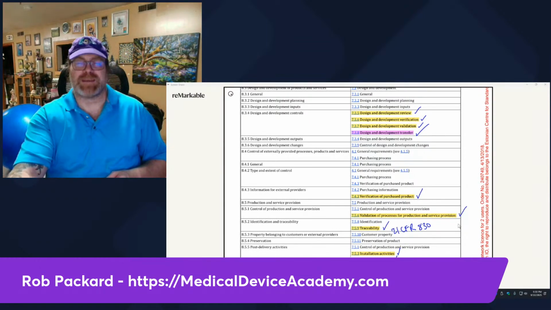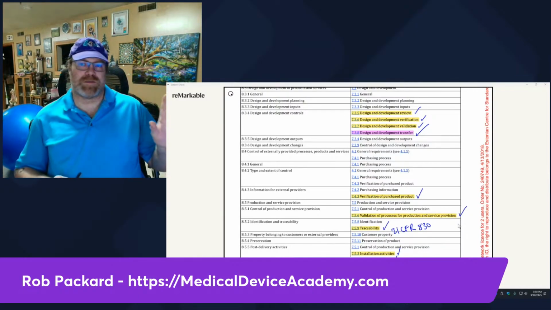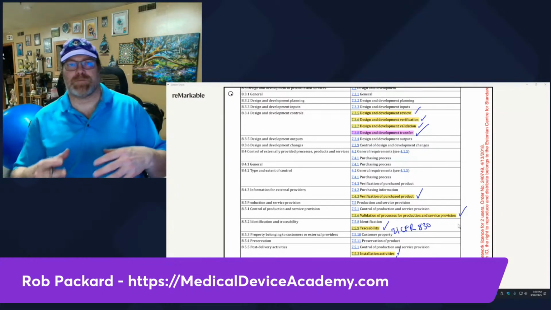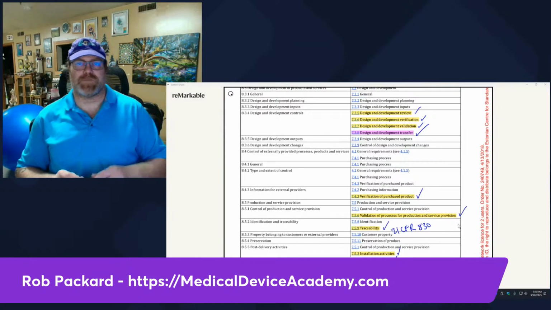Complaint handling was added in 2016, clause 8.2.2. They took what was vaguely mentioned as customer feedback and customer communication in determining when it might need corrective actions or might involve non-conforming product that needs to be returned to you. And they made it very prescriptive to make it as close to what the FDA's requirements were as possible in 2016.